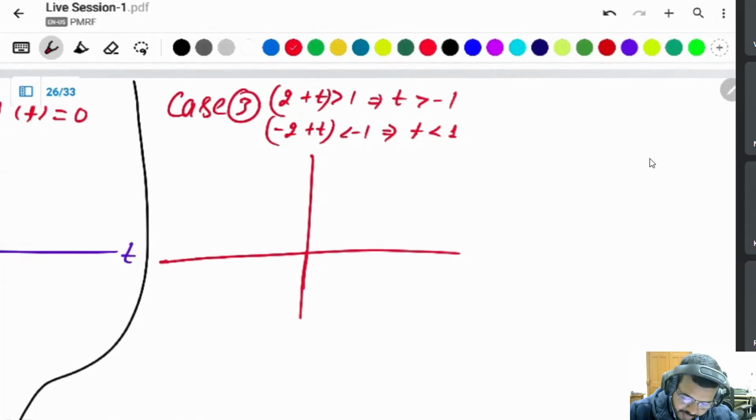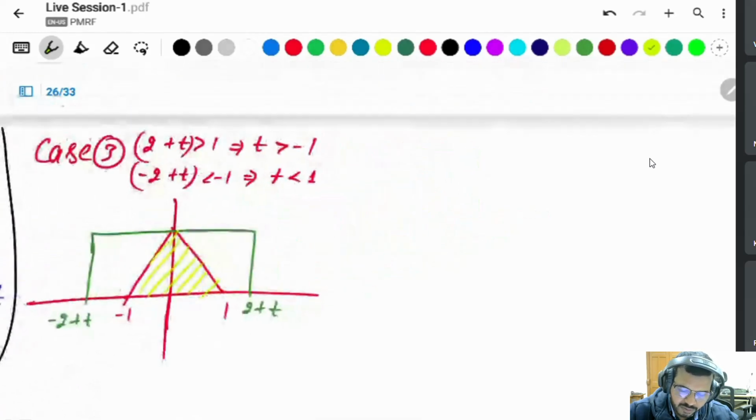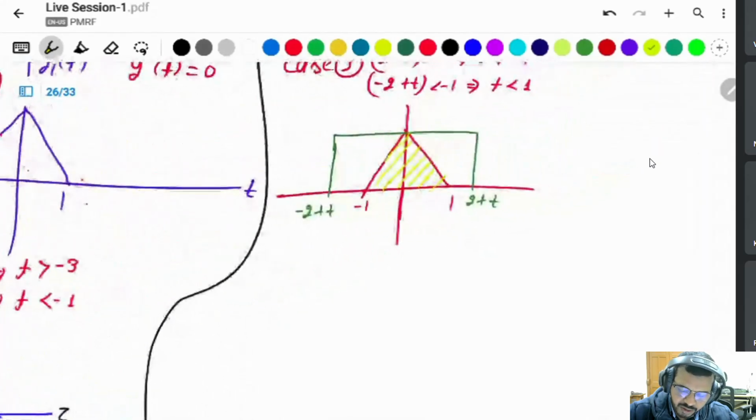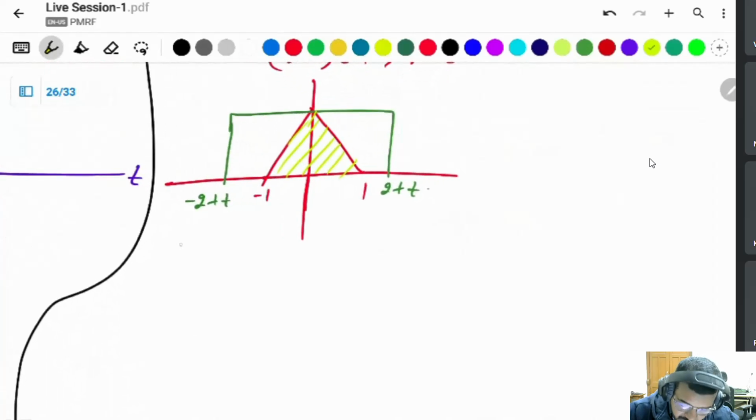In this scenario, this is here minus 1 to 1, and the second signal becomes from minus 2 plus t to 2 plus t. The overlap is all of the signal only. Then you know about the area, the same area only. You can find the triangle area also directly.